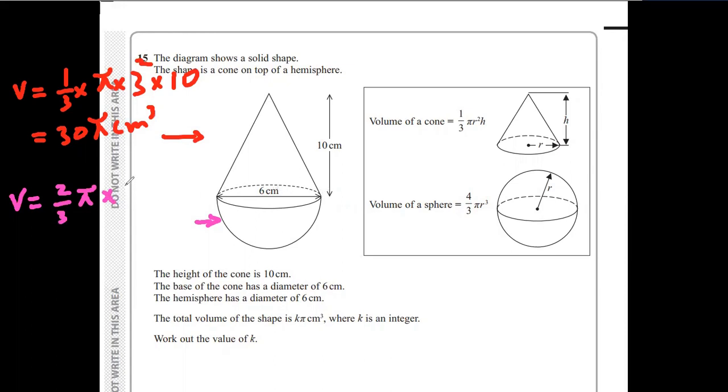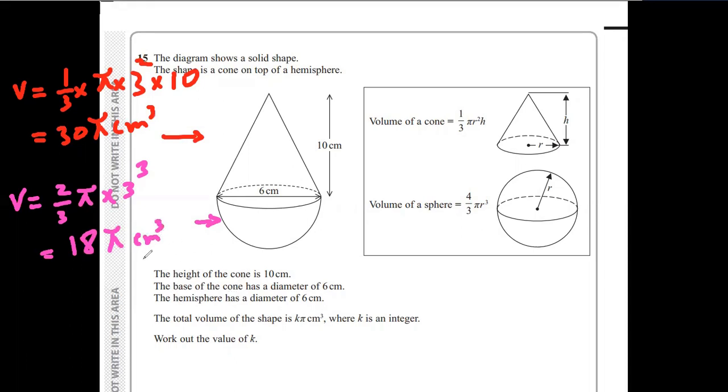Diameter is 6, so radius will be 3 cubed. That will give me 2 times pi times 3 cubed, which is 3 times 3 is 9, 9 times 3 is 27. 27 divided by 3 will give me 9, 9 times 2 will be 18. 18 pi centimeters cubed.